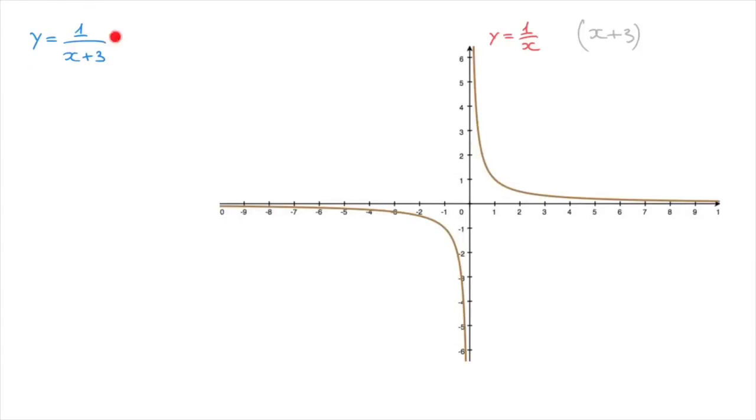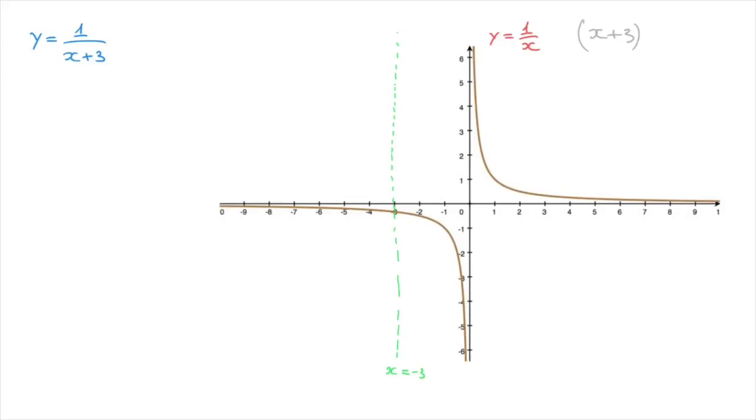Now, before sketching this curve, there's something important worth pointing out. The reciprocal function whose curve we see here has both a horizontal asymptote along the x-axis as well as a vertical asymptote along the y-axis. Shifting this entire curve 3 units to the left will also shift its vertical asymptote. Consequently, this new curve's vertical asymptote will have equation x equals negative 3, and that's the line I'm currently drawing now in green.